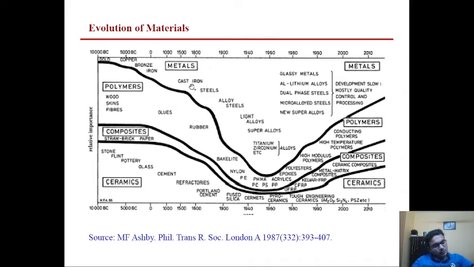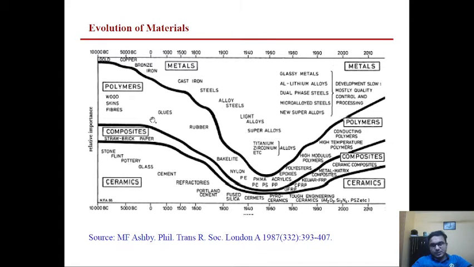Then we will quickly move towards the evolution of materials. As you can see, there are multiple materials shown here: metals, polymers, composites and ceramics. On the x-axis you can see the time frame in years, and on the y-axis we have relative importance. We will only focus on composites here.